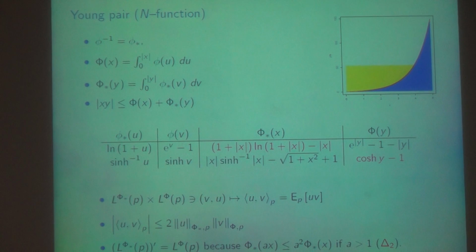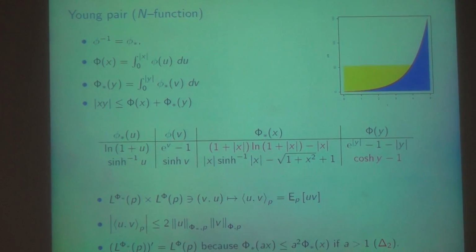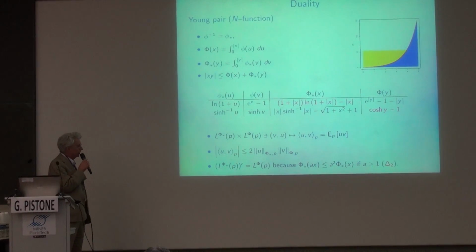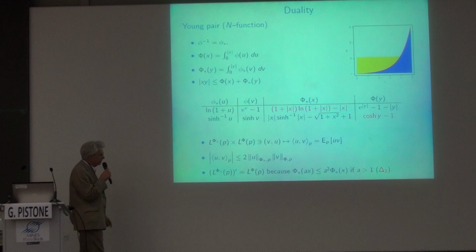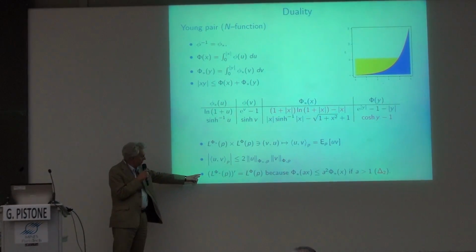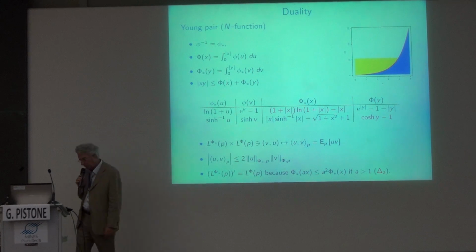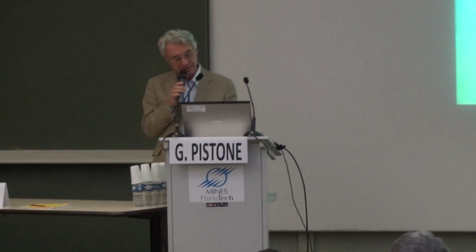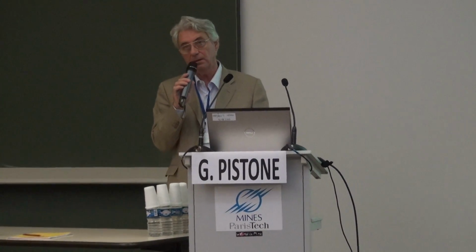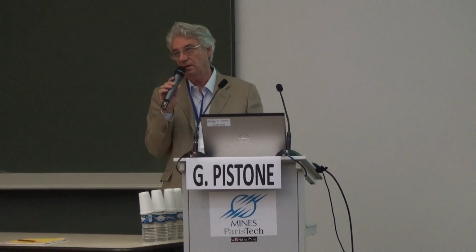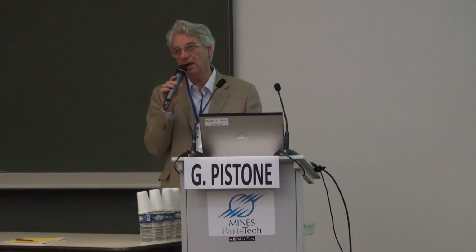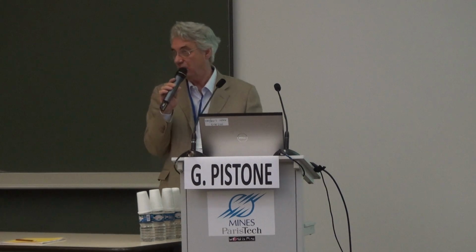There is a duality between these two spaces. This duality is continuous, and finally the space based on the conjugate function as a dual, which is the exponential space. So there is a duality, there is no reflexivity, and our space doesn't have a dual described by functions, by the conjugate as a dual.